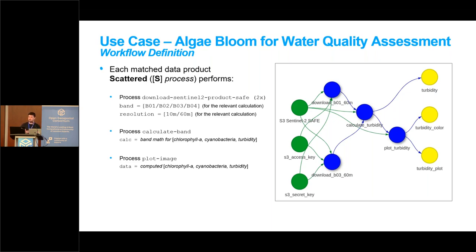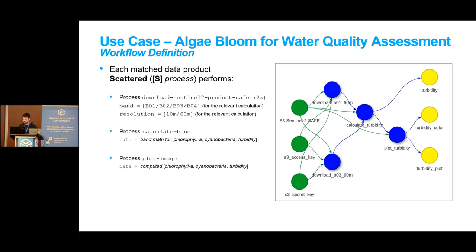So if we're doing the turbidity, for example, as shown in the diagram, the B1 band at 60 meters is used and the B3 at 60 meters is used to perform some very complicated calculation that will evaluate for a good representation of turbidity detection. And then all of that is passed on to a plot imaging process, which is used for better visualization and normalization of the results.